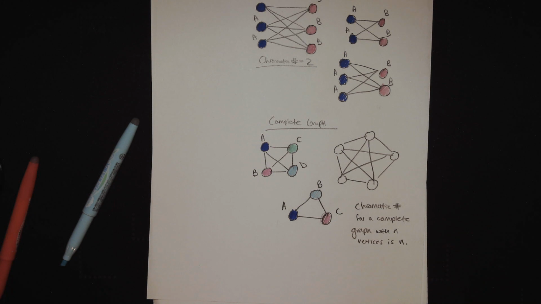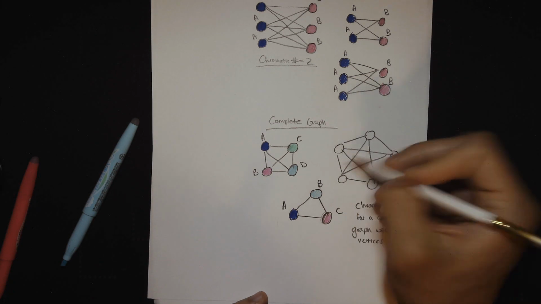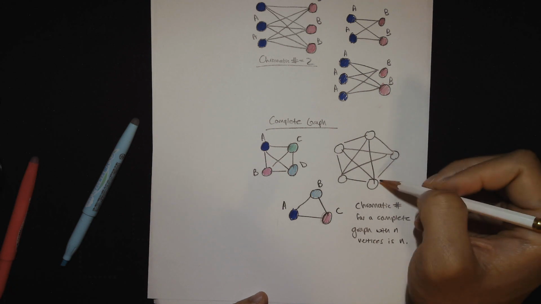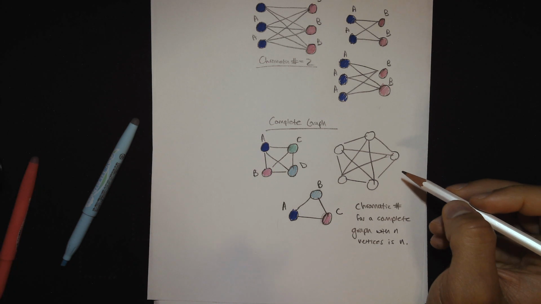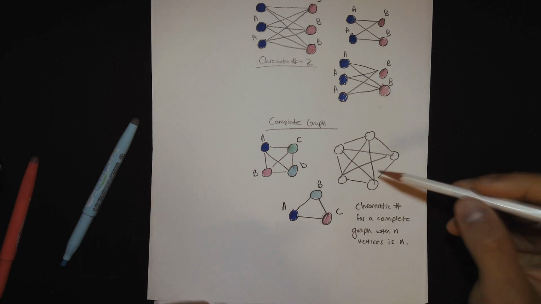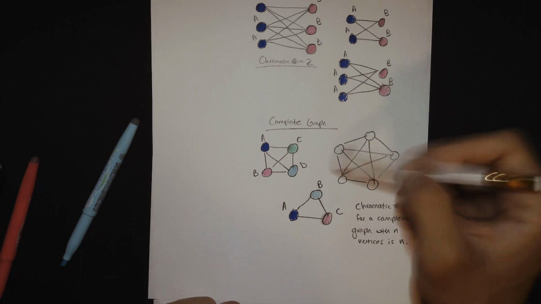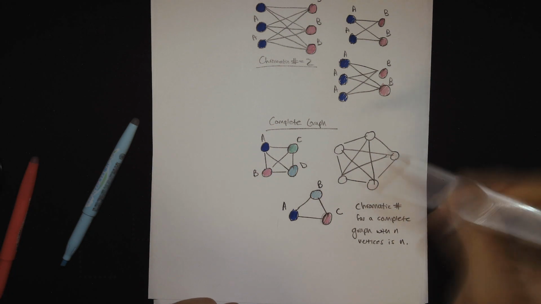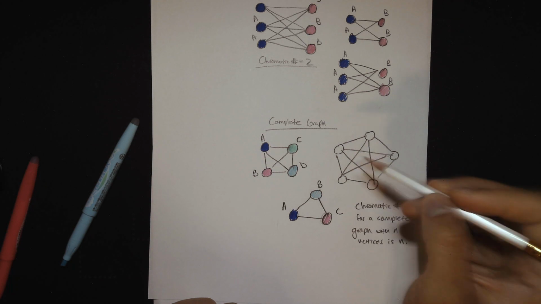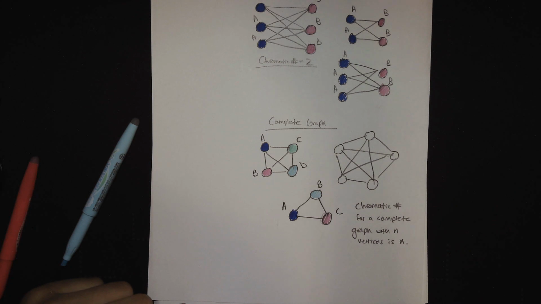It's going to take just as many colors / labels as there are vertices to assign each vertex of a complete graph a color / label so that it's different from that of adjacent vertices in that graph. That is a mouthful to say.